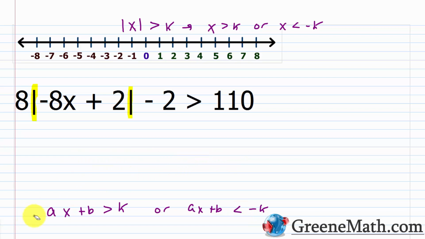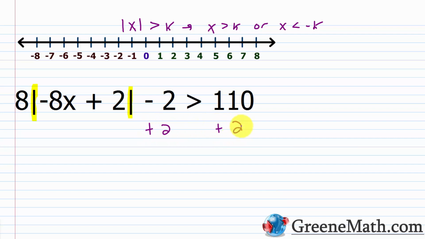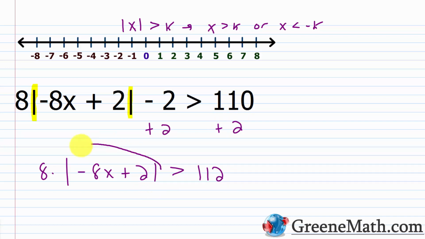All right, let me erase this real fast, and let's go ahead and simplify. So I'm going to add 2 to each side. I'll have 8 times the absolute value of negative 8x plus 2 is greater than 110 plus 2, which is 112. Now, I want this by itself. I have multiplication here, so I'm going to use division to get it by itself.